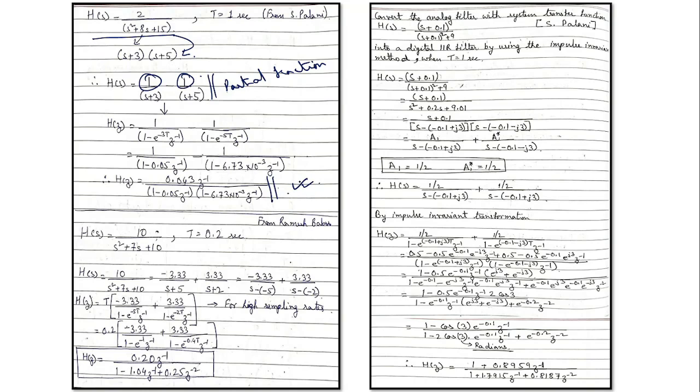Okay. Now there is another type of thing where you have H(s) given by 10 divided by s square plus 7s plus 10, and herein we are given with T equal to 0.2 second.